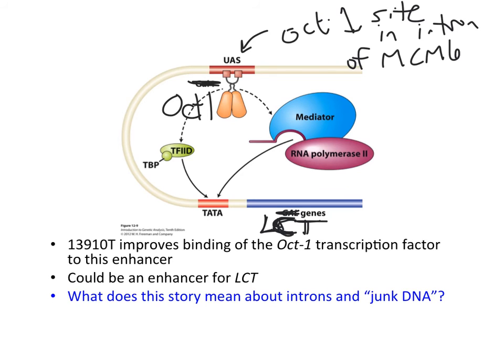Are introns junk DNA? They get spliced out after transcription, sometimes. What about in this case? Is this intron of MCM6 where this OCT1 binding site is located, would you call that junk DNA? Okay, if not, why not?